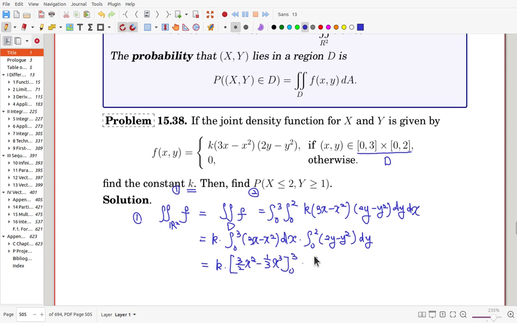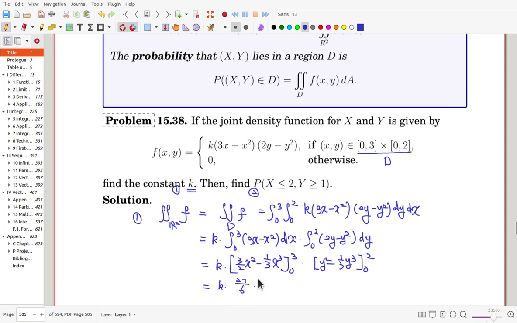And in the y direction, there is y squared minus 1/3 y cubed, with y moving from 0 to 2. From this one now, if you evaluate with x equals 3, there's half of 27 minus 1/3 of 27, so that is 27 over 6.